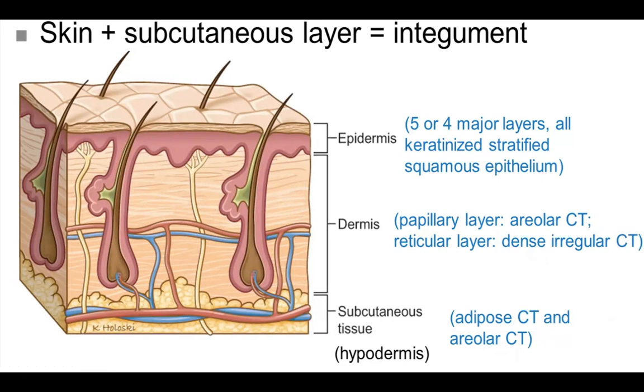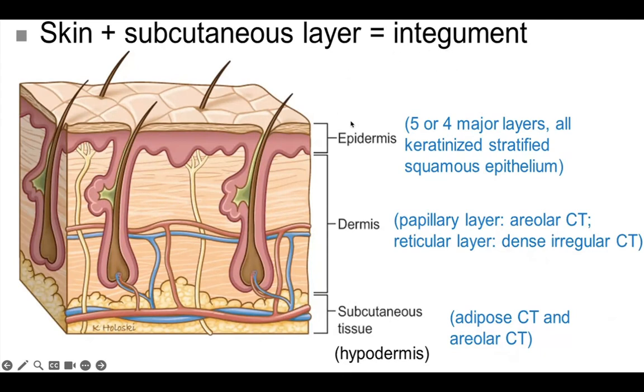The subcutaneous tissue is also referred to as the hypodermis. Okay, so having all three of these, the two layers of the cutaneous membrane plus the subcutaneous membrane equals something we just call the integument.